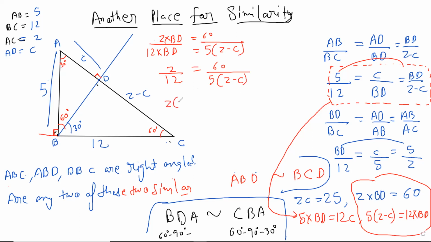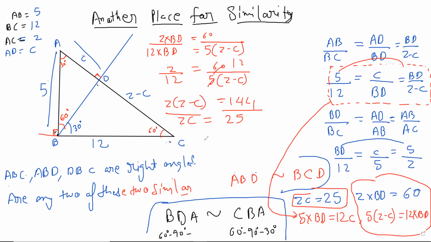So Z times Z minus C, this 12 squared, is 144. Okay, this equation is good, right? Now you have this equation here, Z times C is 25. Now we are not very far. Fortunately, we are not very far. You can now divide these two equations.